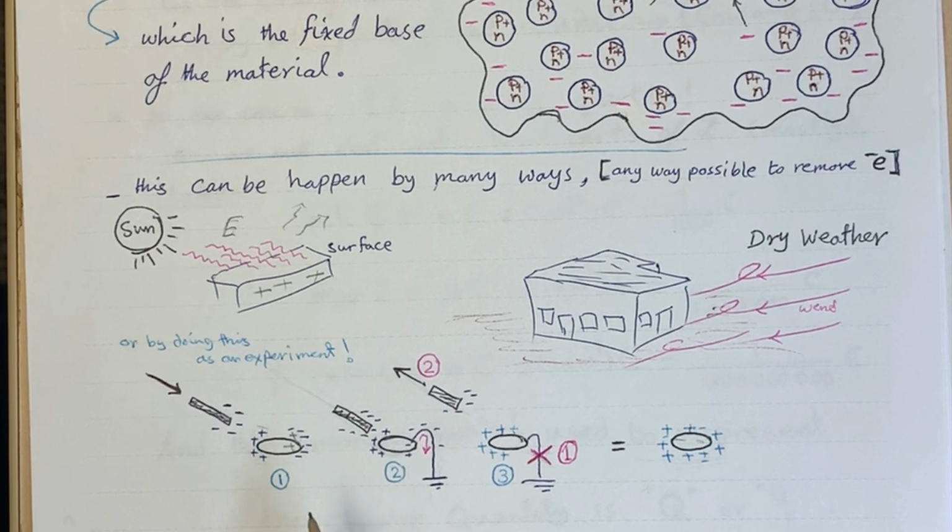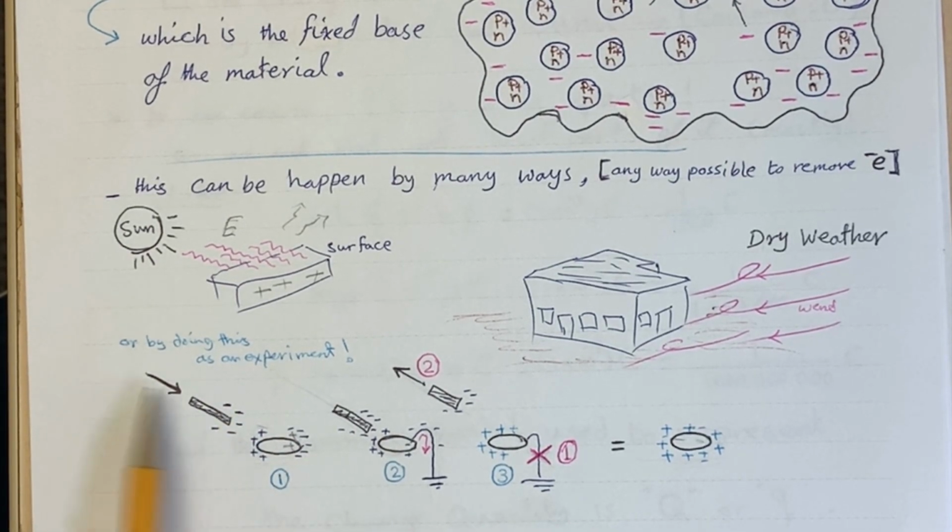Or we can do this professionally by doing an experiment, which is a simple experiment, by bringing a charged rod close to a piece of metal, for example, which is the second object here. If this rod is negatively charged, then it will repel the negative charge, making them go away from this close side, making positive charge in the close side and negative charge in the far side.